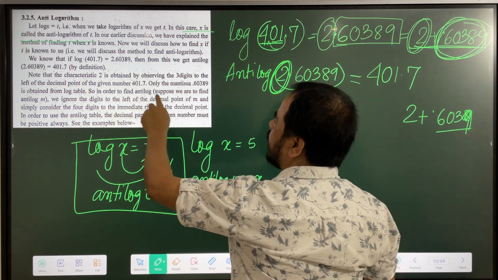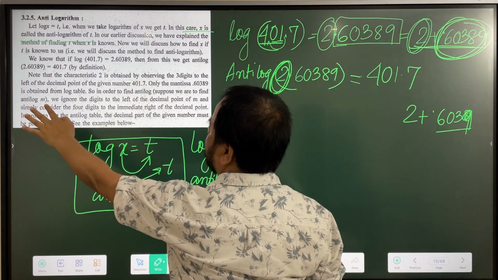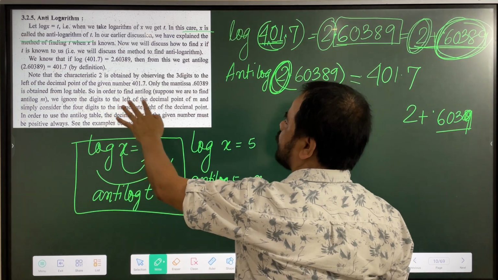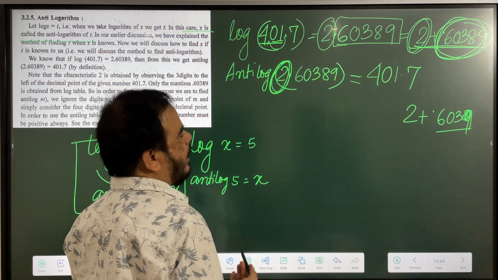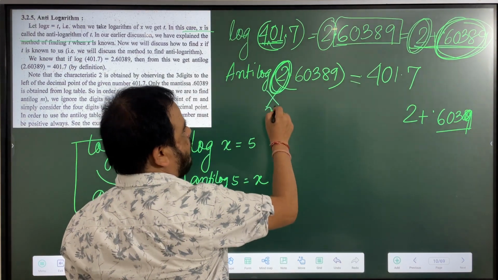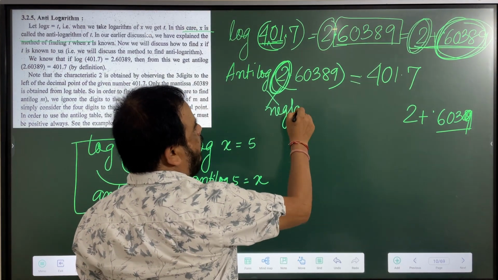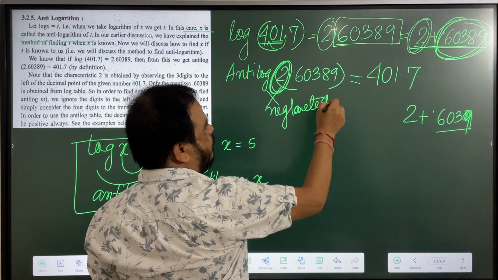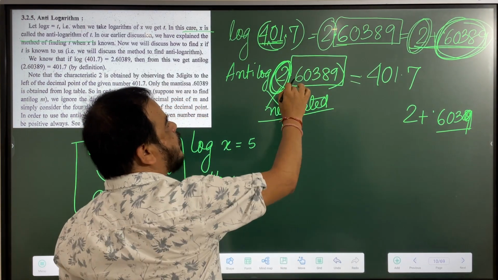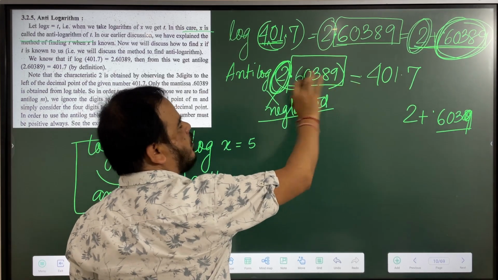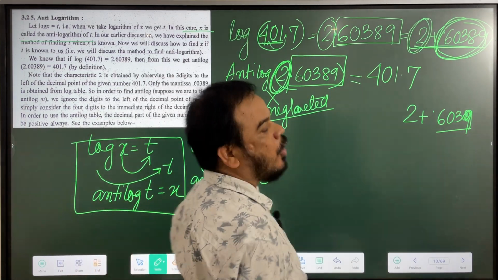So in order to find the anti-log, suppose we have to find the anti-log of m, we ignore the digits to the left of the decimal point of m. When we find the anti-log, this part will be neglected. We will find the anti-log only of the digits after the decimal point, from the anti-log table.